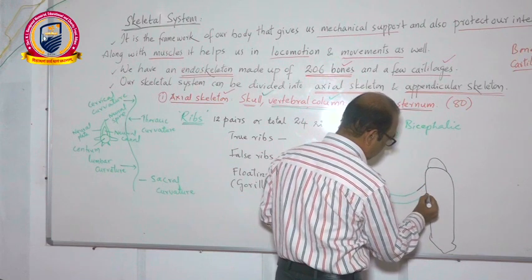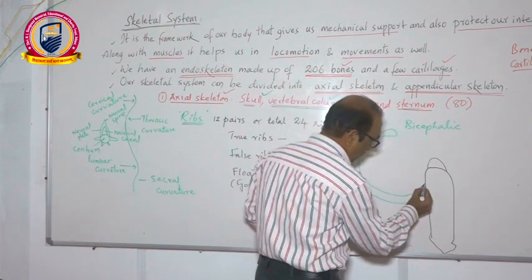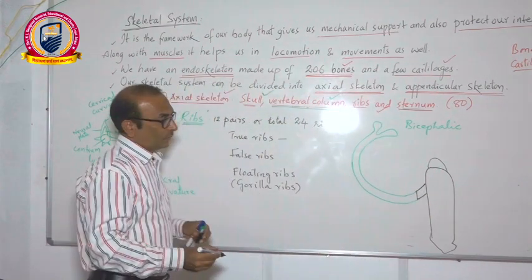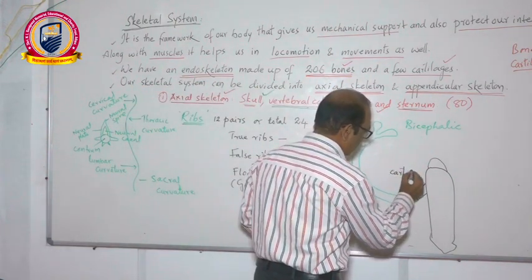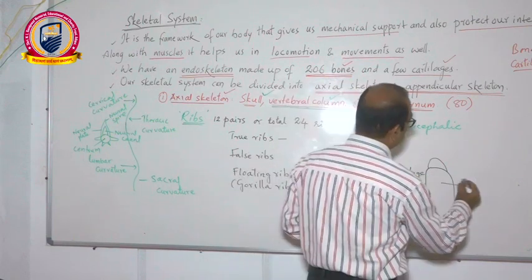And the joining with the sternum is with the help of a small cartilaginous part. Okay, this is the cartilage which helps in articulating with the sternum.